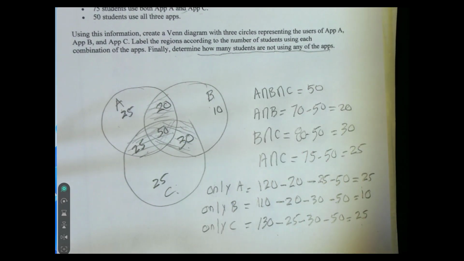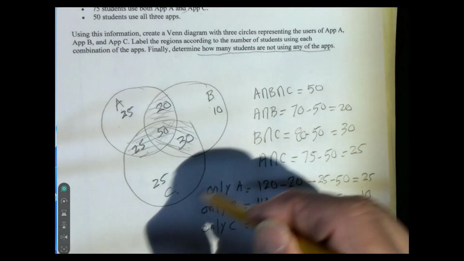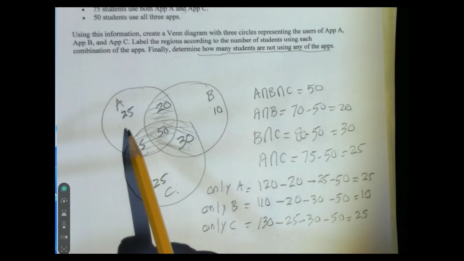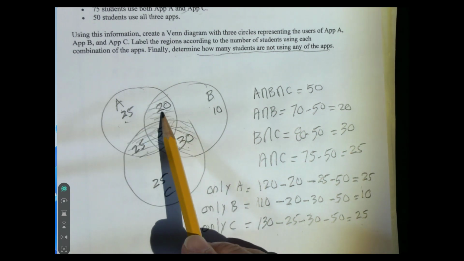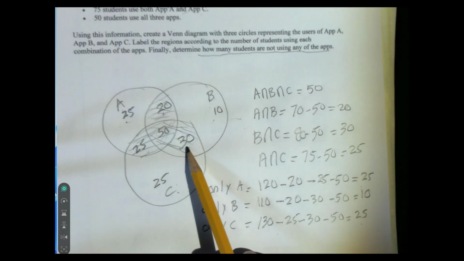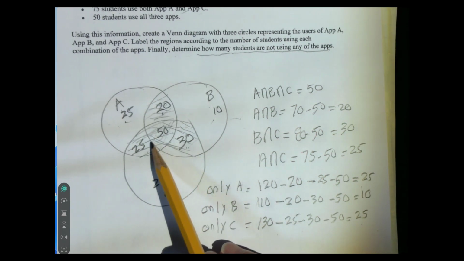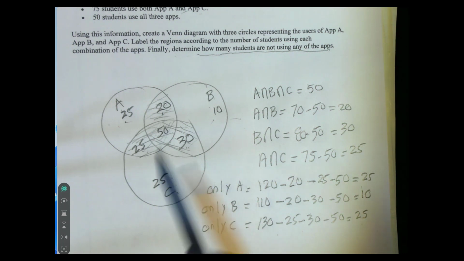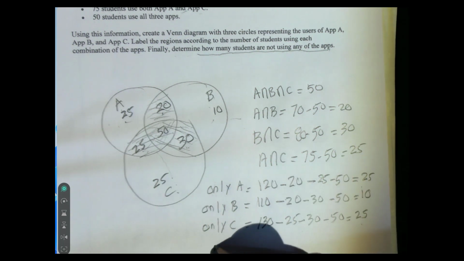Now to find the total number of users of all the apps, we need to add 25 plus 20 plus 10 plus 30 plus 50 plus 25 plus 25. And if we do this, we come up with the number 185.